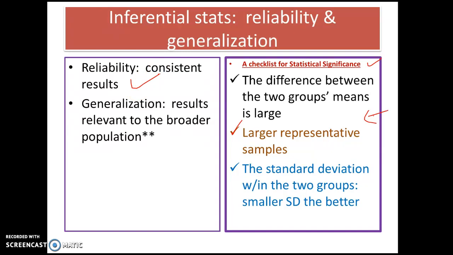Now, the third one is more connected to the first, this one in blue. We have to look at the standard deviation within the two groups. And what we want is a smaller standard deviation within the two groups. If we meet these three criteria, the more likely we are to be on the road to statistically significant data.